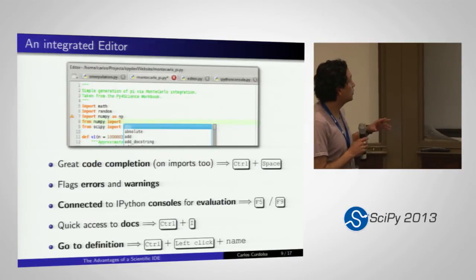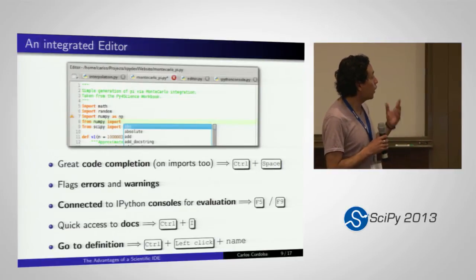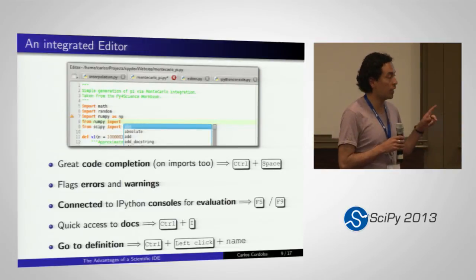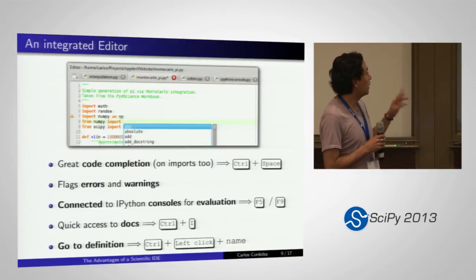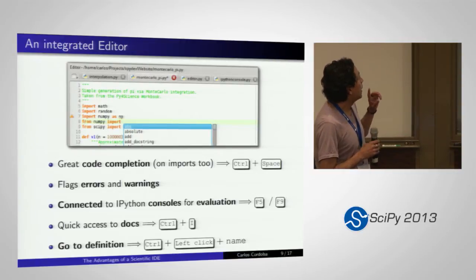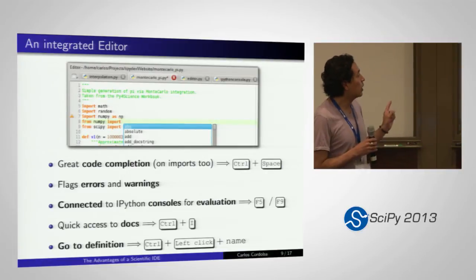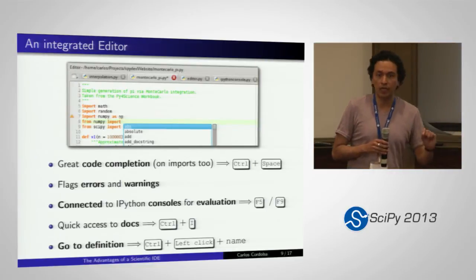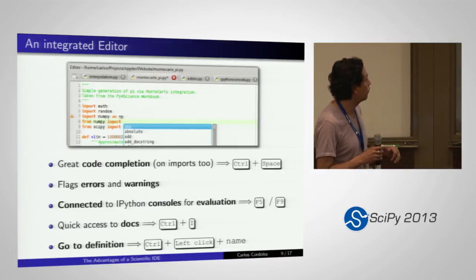So the first one, as I showed you, is an integrated editor. In that editor, you have great code completion using the Control-Space keyboard shortcut, and that completion works on imports too. The editor also flags errors and warnings. It's connected directly to the IPython console for evaluation, so you can press F5 or F9 and send your file or a portion of a file directly to the Qt console for evaluation.